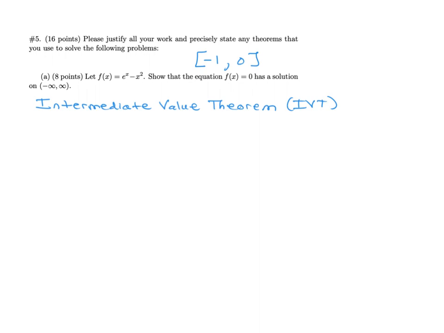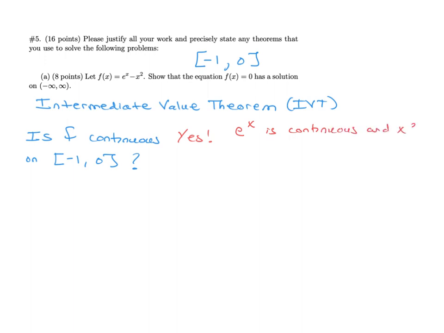So first, is f continuous on the interval from -1 to 0? And the answer to this is yes. And the reason is e to the x is continuous, as it's an exponential function, and x squared is continuous.